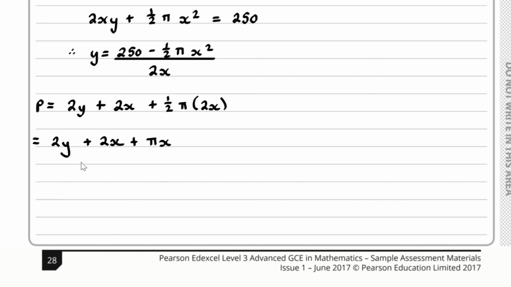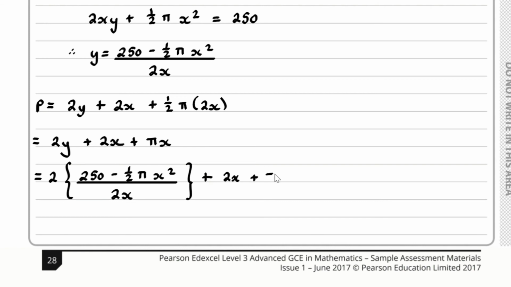Now I know what y is, I've already worked that out. So I've got two lots of y, which is the result here. And then I will add on to this 2x and then pi x.